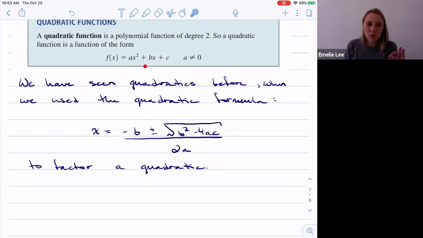Then we use those values to factor the quadratic.